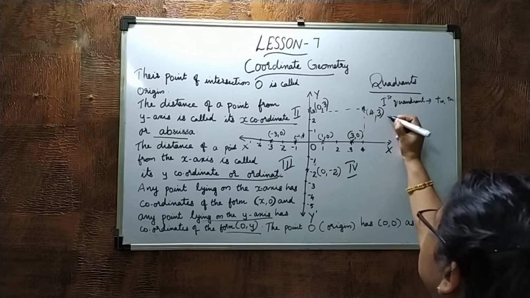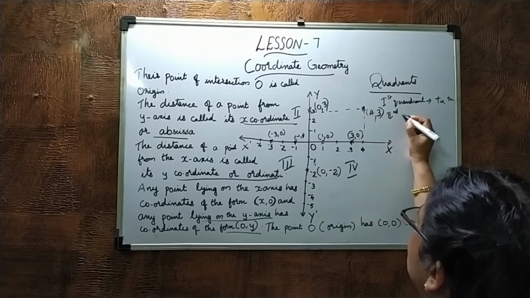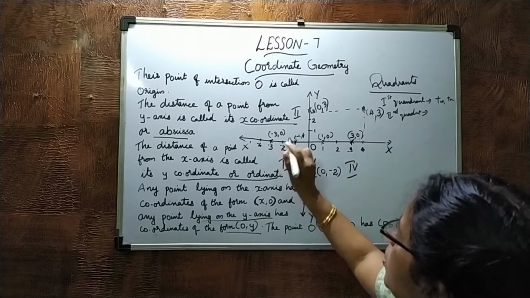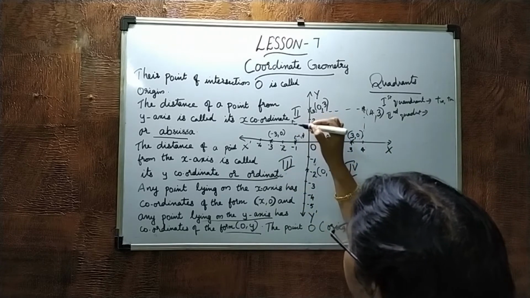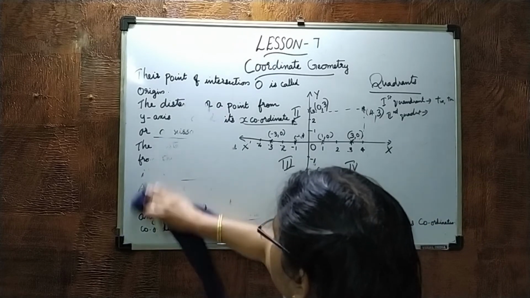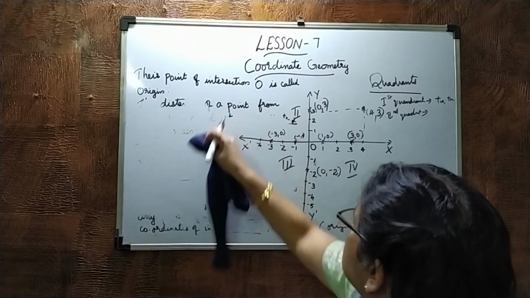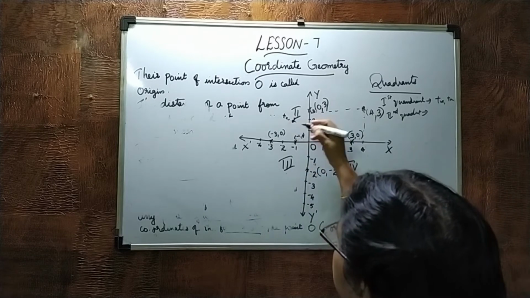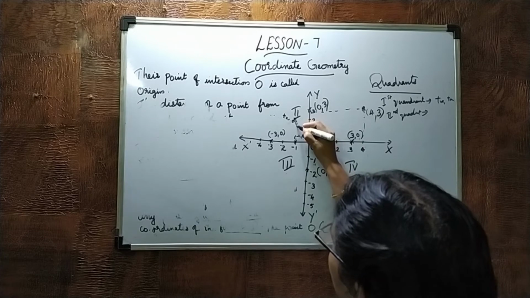What is the second quadrant? Take any coordinates for the second quadrant. Here I am putting one point. What are the coordinates? First find the x coordinate. It will be here, so negative 1.